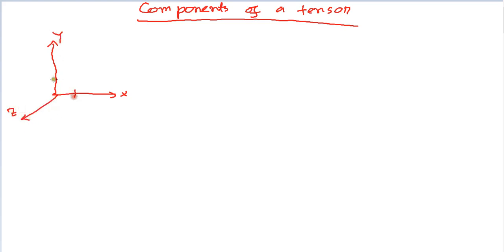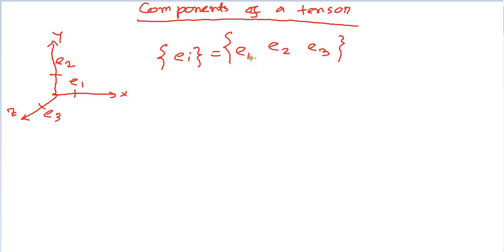If we have unit vectors e1 along the x-axis, e2 along the y-axis, and e3 along the z-axis, then the base vectors are e1, e2, and e3. That means the unit vectors are base vectors which are perpendicular to each other. The components of a vector depend on the base vectors used to describe the components, and this will be true for a tensor.